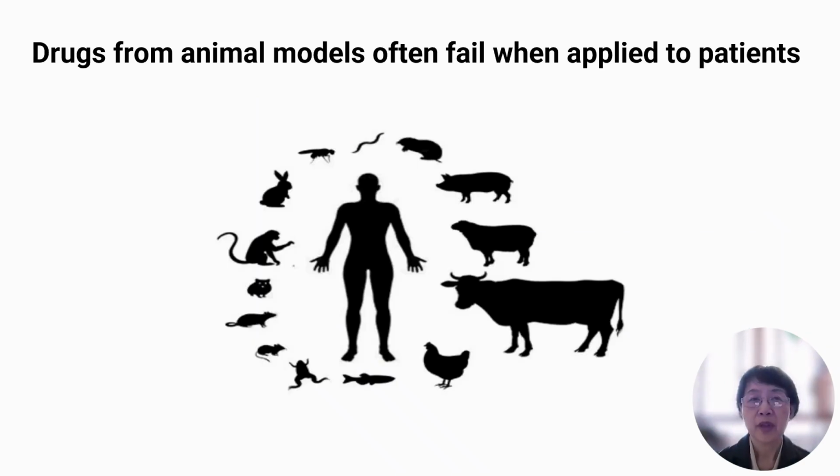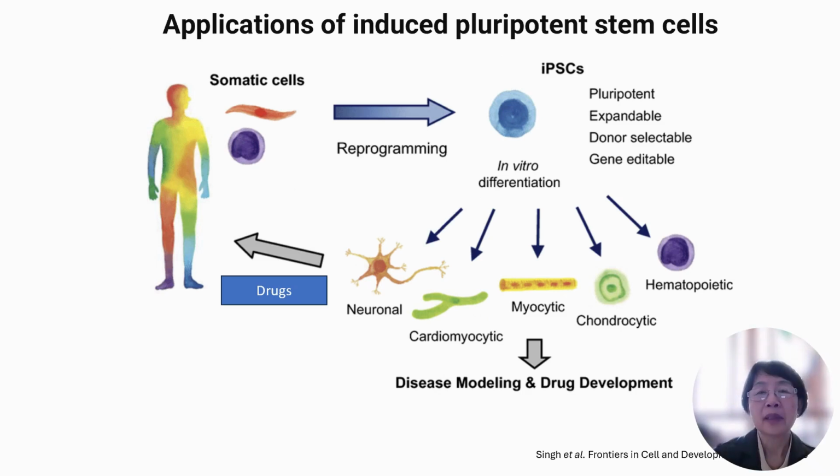One major challenge is that drug effects observed in animal models are not always reproduced in human clinical trials. The development of iPSC models to study tauopathies and advance therapeutics has become urgent.